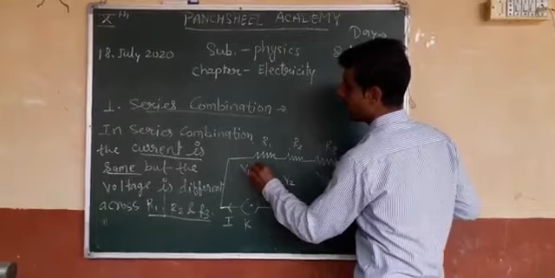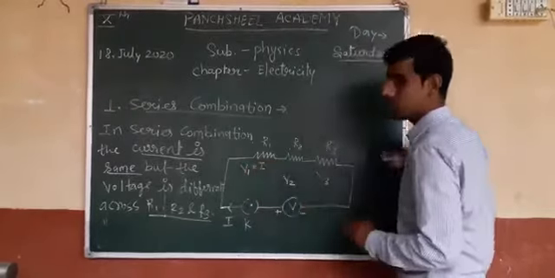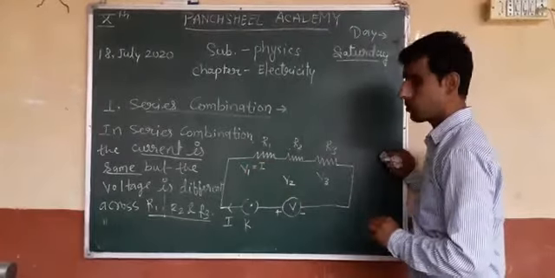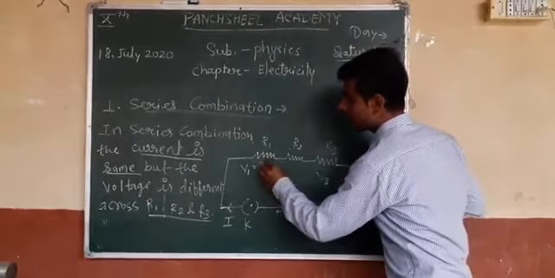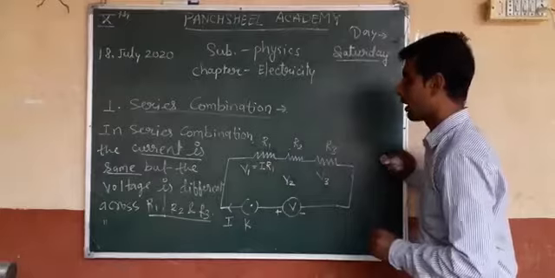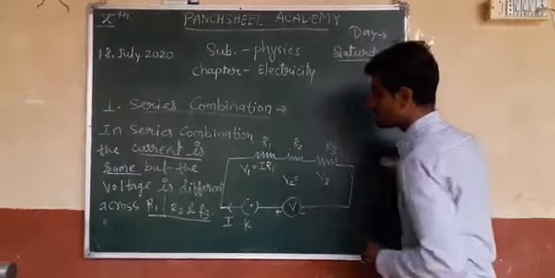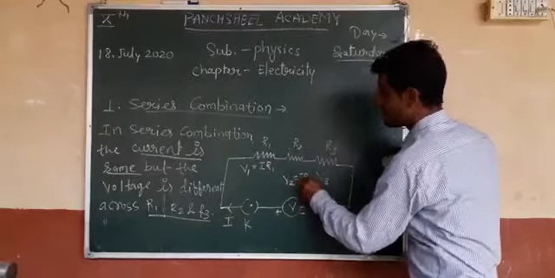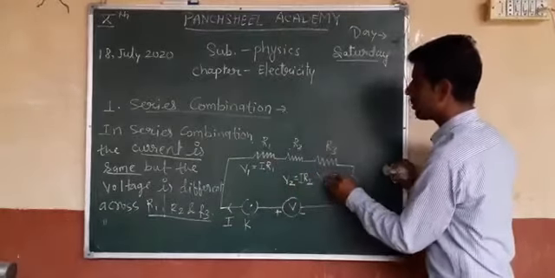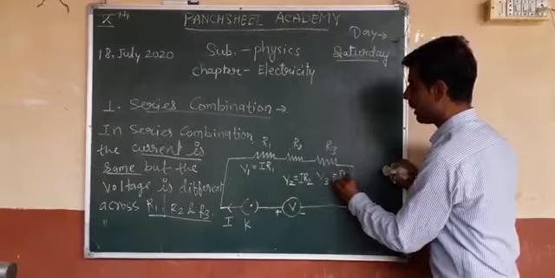So V1 equals, from Ohm's law, current into resistance: IR1. V2 is IR2, because the current is the same. And V3 is IR3.